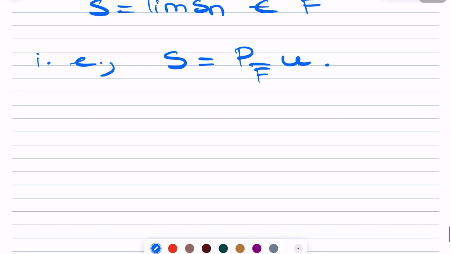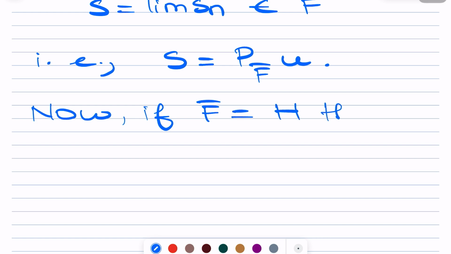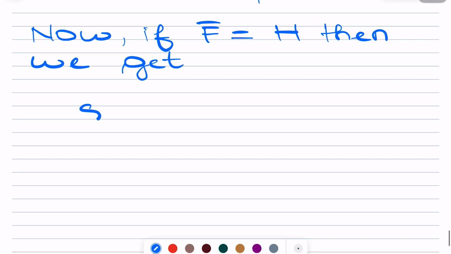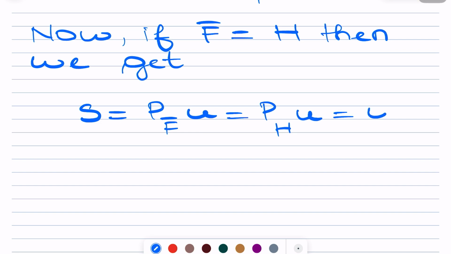Now, if the closure of F is H, then we get that S is equal to the projection of u onto the closure of F, which is the projection of u onto H, but this is exactly u, right?